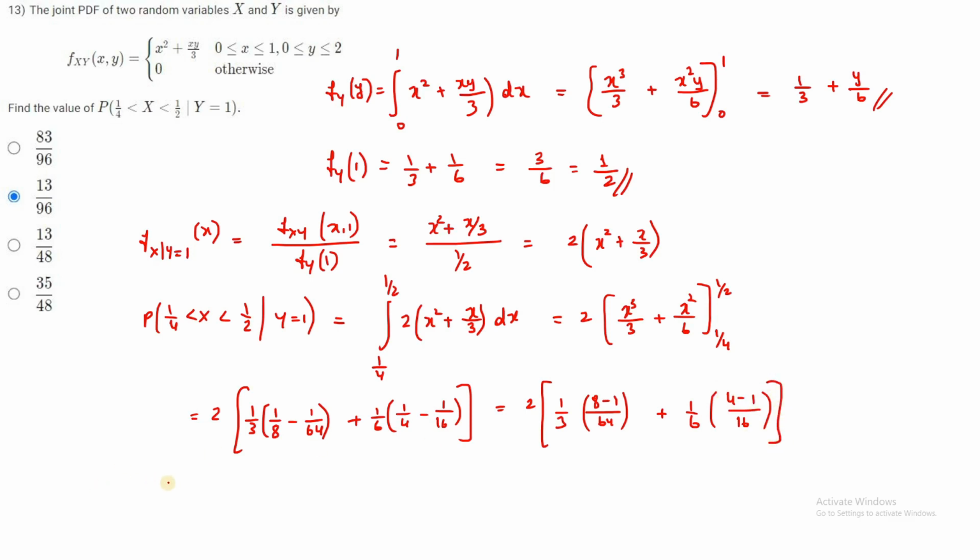Now the answer is 2 over, 7 by 3 into 64 is 192, plus 6 into 16 is 3 by 96. So the answer is 13 by 96.